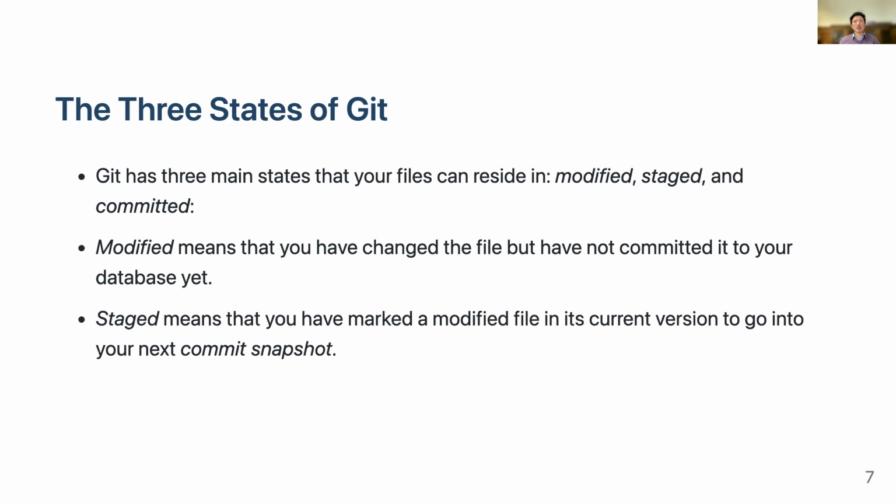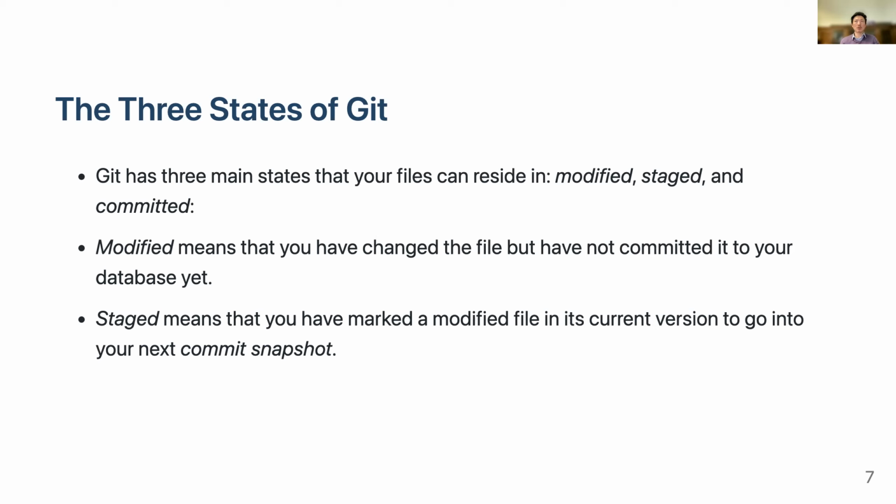And staged means you marked a file with changes to go into the next commit, or essentially the next version of your document or file. You can make changes to, say, 10 files, but for the next version of your project, which contains many files, you don't want to include all 10 changed files.